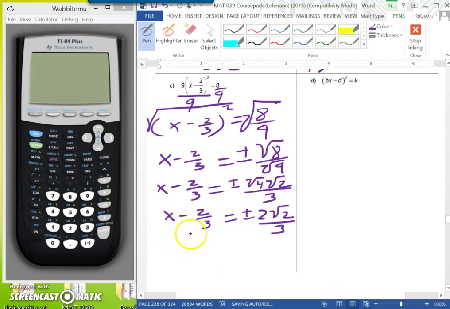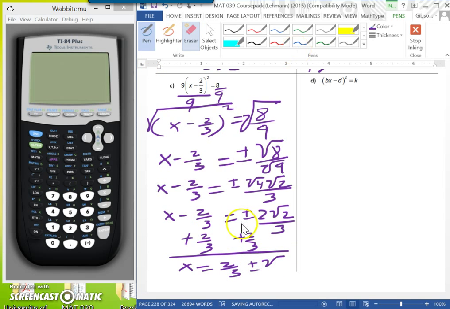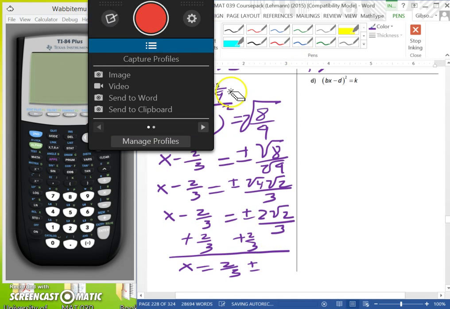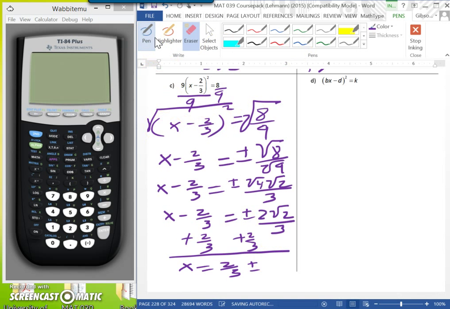Now we have to add 2/3 to both sides. So we will have x is equal to 2/3 plus or minus 2 square root 2 over 3.